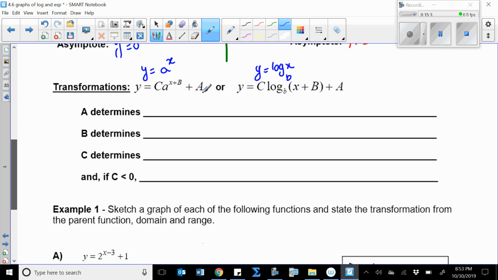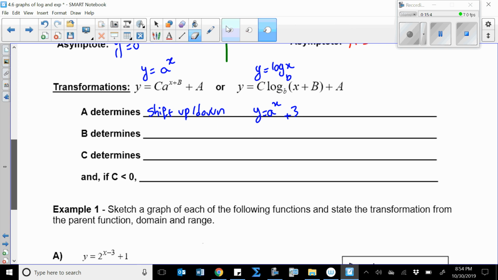So what does a do to the parent function? Because this a is happening to the y value or outside the function, that moves the function up or down. So it's shift up or down. For example, y equal to a to the x plus 3.